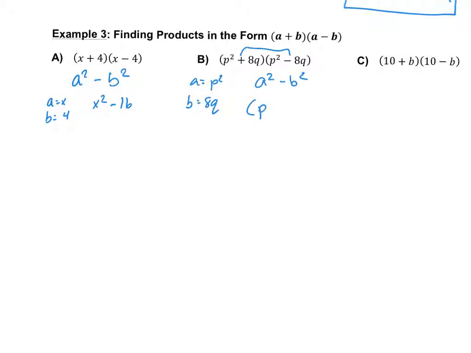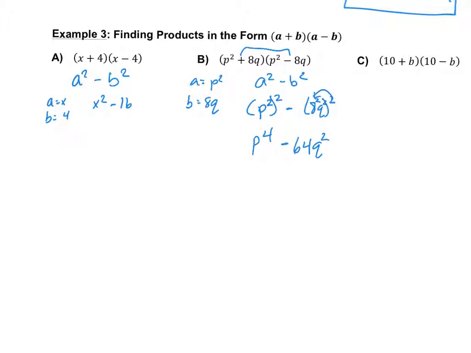Well, a squared is p squared minus b squared, which is 8q squared. Careful with those parentheses. Now here I have p to the second to the second. That's a power to a power. So I multiply, p to the 4th minus, and this one I'm going to distribute the 2 to both the 8 and the q. So we get 64q squared.